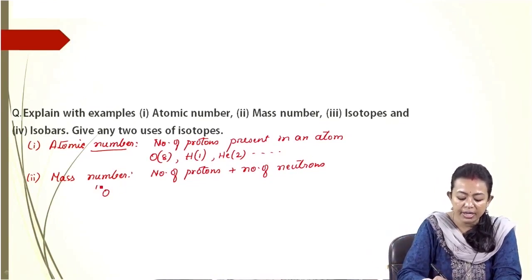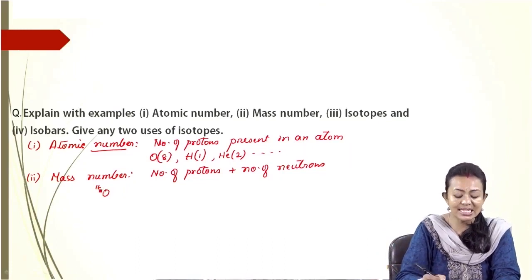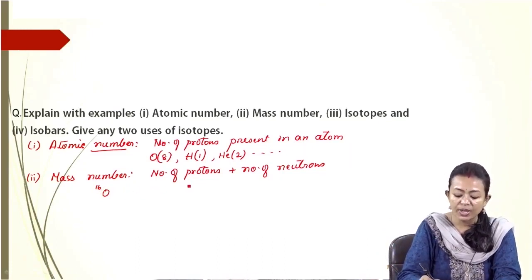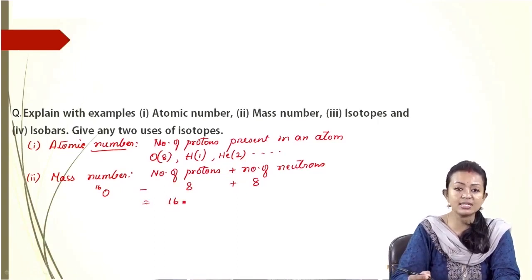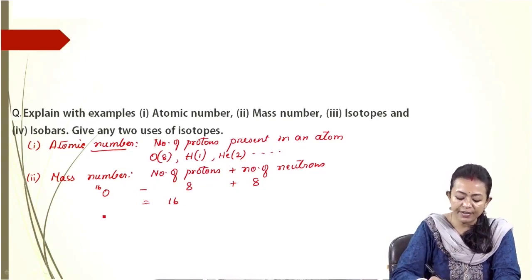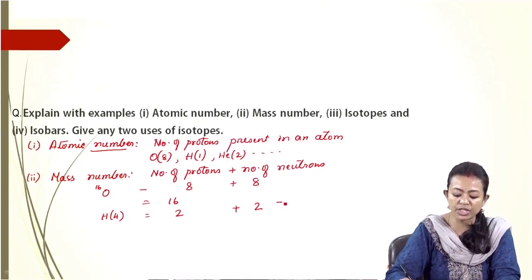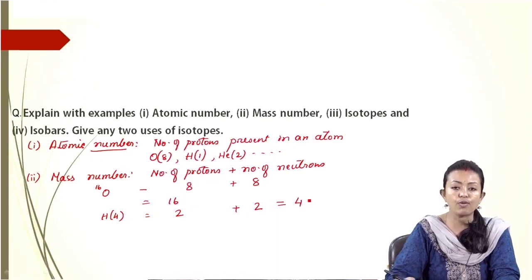The mass number, if we write, is 16. That is, we have 8 protons and 8 neutrons, which is giving us 16 as the mass number. Similarly, if I take helium, the mass number is 4, that is 2 protons and 2 neutrons, which gives you the mass number of 4.